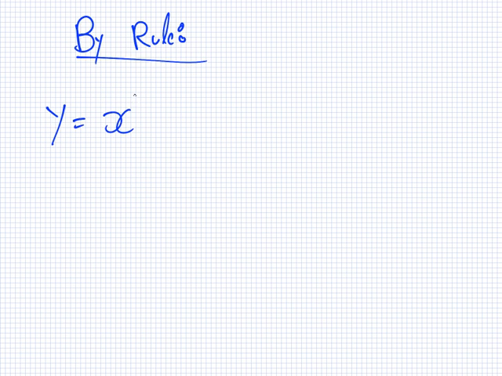So, last time we had this method called first principles, but of course this is a very long method. We want a better way to solve problems involving derivatives. So, what we're going to look at is how to find the derivative by using a rule. Let's say you have y equals x^n.